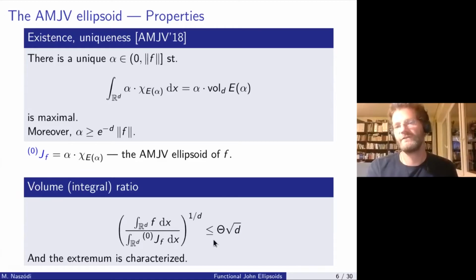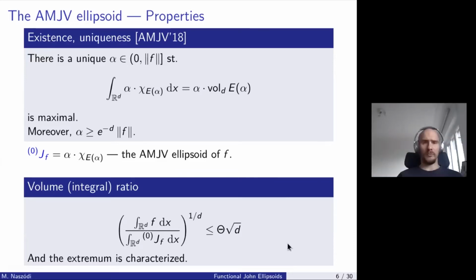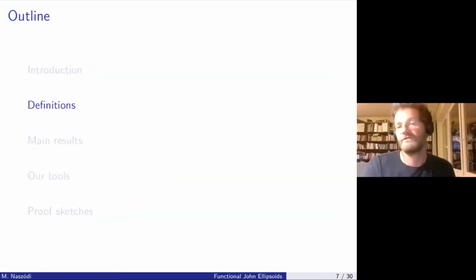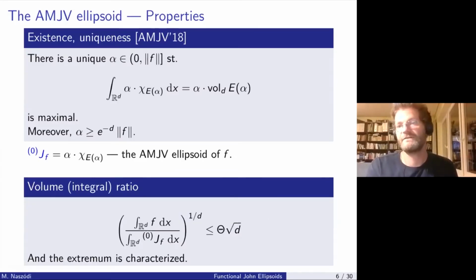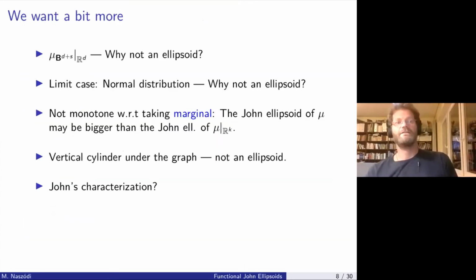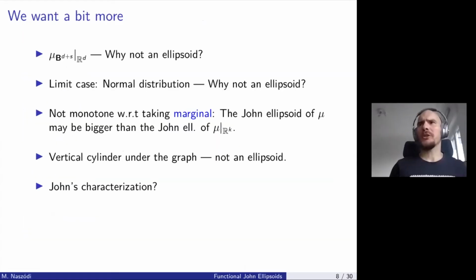Yes, up to this constant. Well, of course, there is this 1 over d here, but yes, up to this constant, it is the same. It's this root d, just like the classical result. Okay. Can I ask one more question?